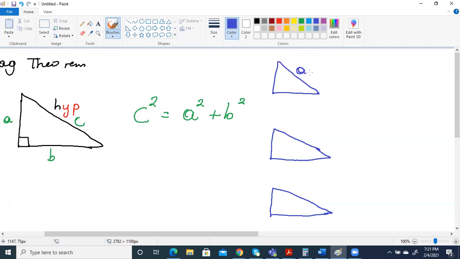All right, so then this one, that's 5 centimeters. For this one, you have 8 centimeters.